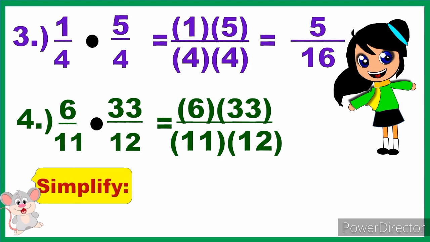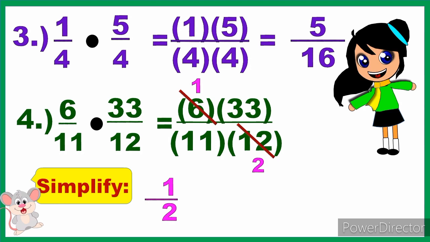Okay, to simplify, we have 6 and 12, which is may common factor sila na 6. So, if the common factor is 6, so we can divide it by 6. 6 divided by 6 is 1. And 12 divided by 6 is equal to 2. So, therefore, yun yung i-rewrite natin, 1/2 or 1 over 2.